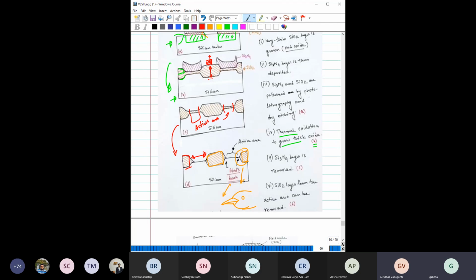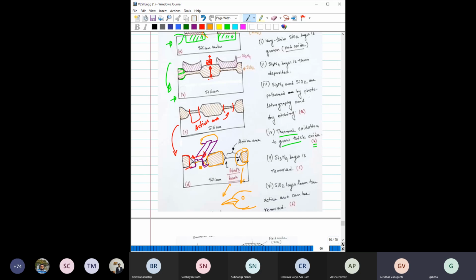Particularly from the width side, it will affect more. You can think you have a source and drain here, then you have a gate here. But if you think three-dimensionally, this oxide is also there on this side, and also on this side.